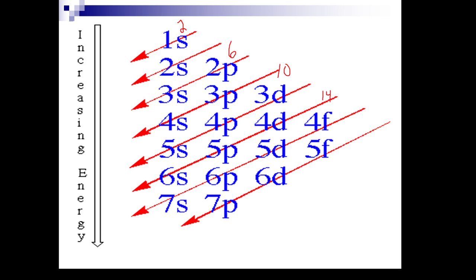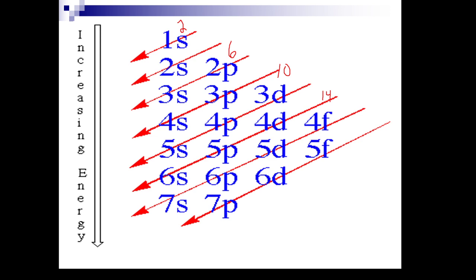Then the next to fill is the 3s. It'll hold 2. Then the 3p. And then, not the 3d, but the 4s. Follow that line, the p fills of the 3, and then the 4s.